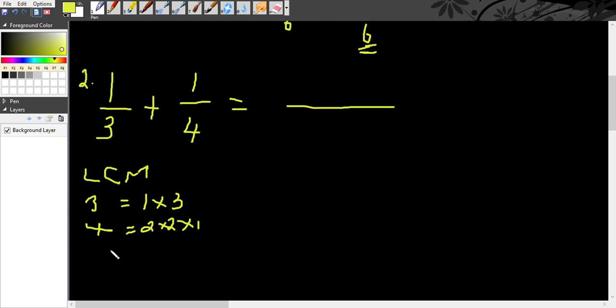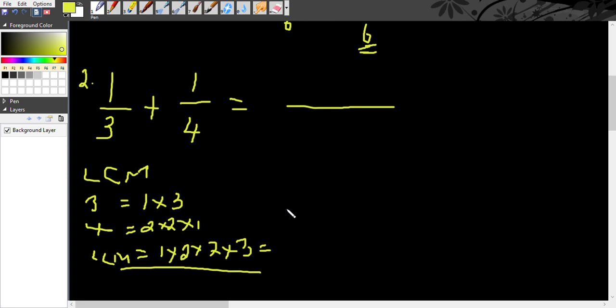So the lowest common multiple will be 1 times 2 times 2 times 3. What I did here is I took all the prime factors of all the numbers, listed them down and multiplied them to give us the lowest common multiple.